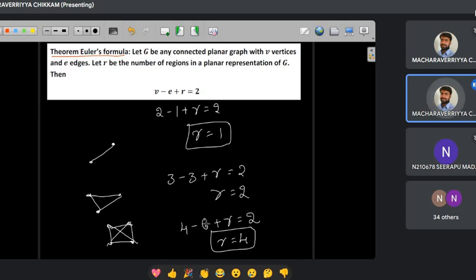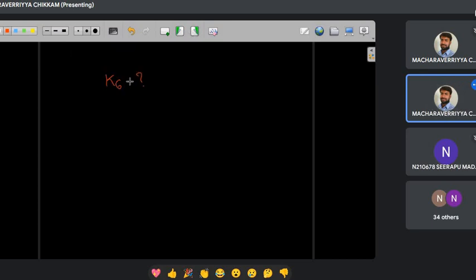But when it comes to K5, it is non-planar. K5 is non-planar. How about K6? Is K6 a planar graph? K6 has a subgraph that is K5, because by removing one vertex from K6, you will get K5. Then how can K6 be a planar graph?